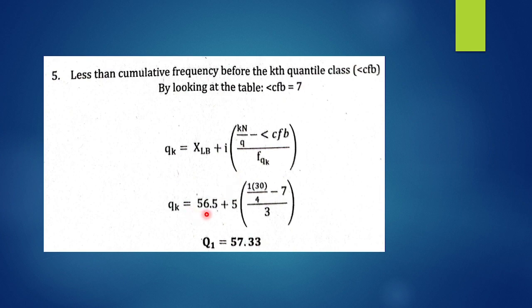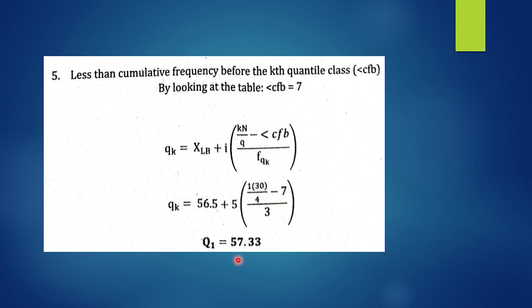It becomes 56.5 plus the class size 5. The K here is 1, since we are getting Q1. The N here is 30. The Q, of course, since it is quartile, is 4, minus the CFB 7, then all over FQK 3. Then do the math here. Our quartile 1 is 57.33. So we do have our quartile 1.